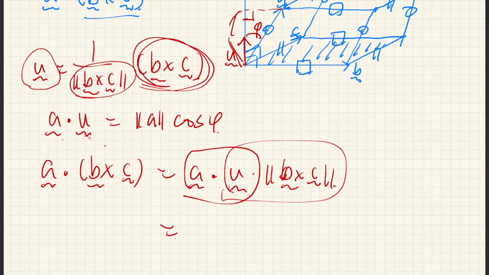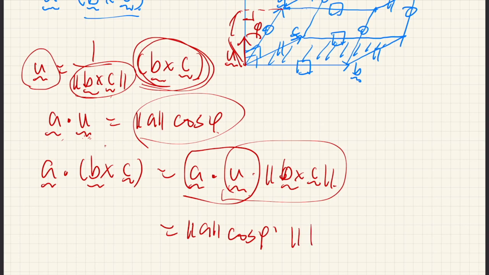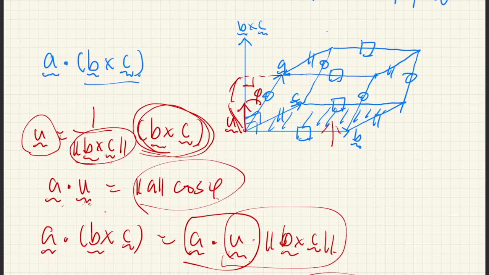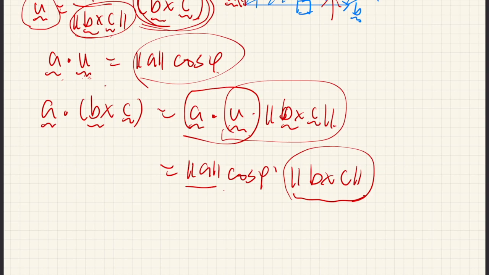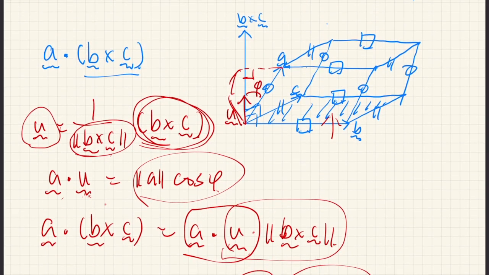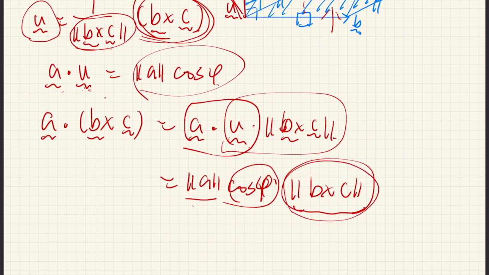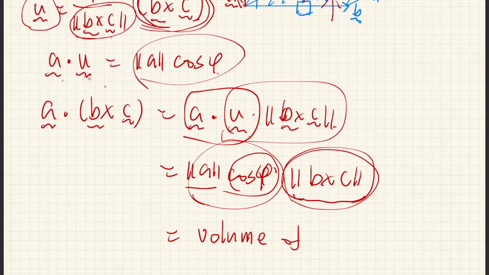So this part is A norm cosine phi, and B cross C. Its norm is the area here, right? And A norm times cosine phi is the height of this parallelepiped. So that means this area times height is the volume of the parallelepiped made of A, B, C.